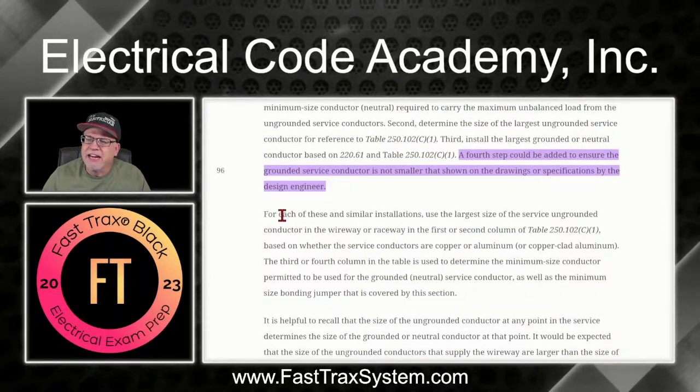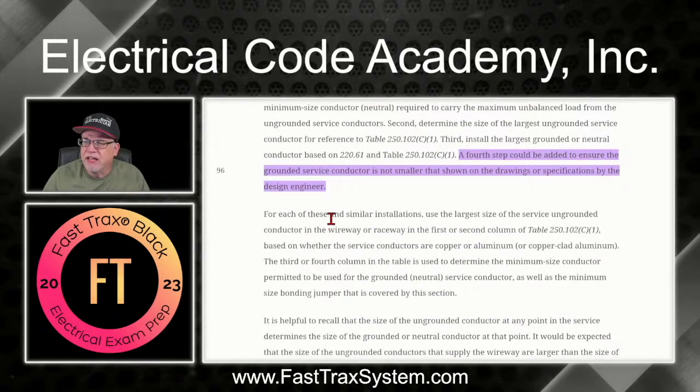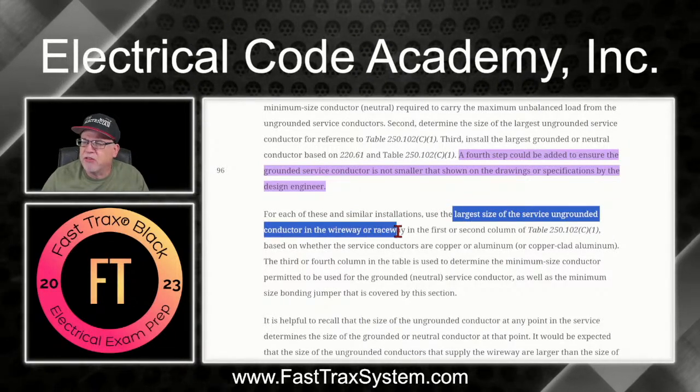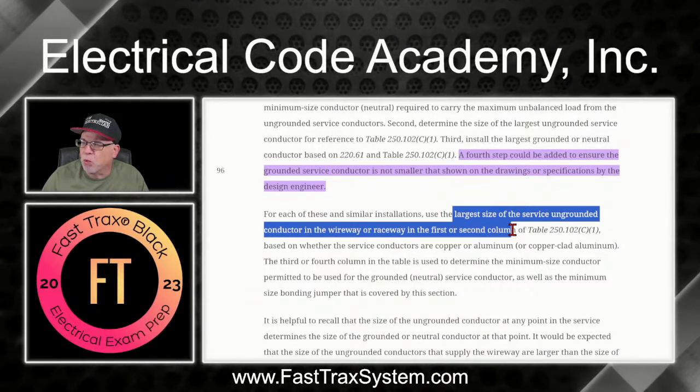Now, for each of these that we just discussed and similar installations, use the largest size of the service ungrounded hot conductors in the wireway or raceway in the first or second column of table 250.102C1.